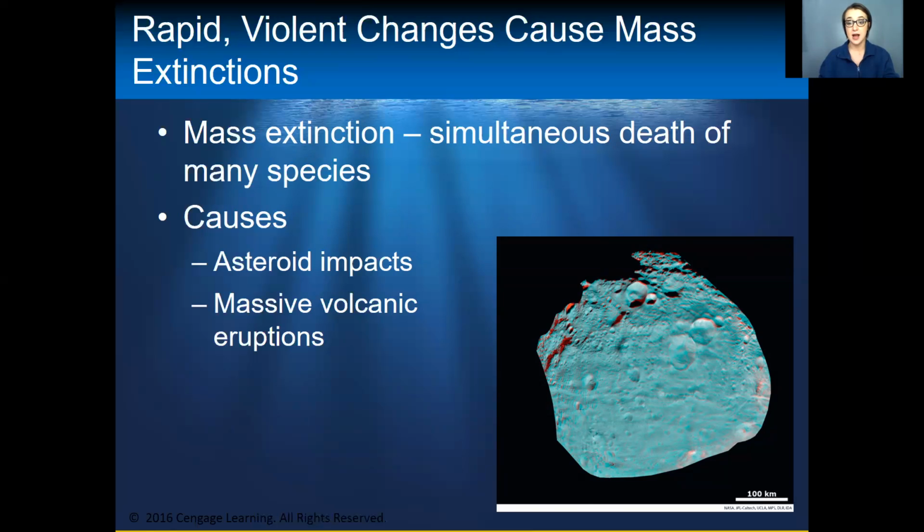a lot of the animals will die from it. For example, this is actually an asteroid that's in space. It's not heading towards us or anything crazy, but if this one were to hit us, it would go all the way from Washington, D.C. to New York City. That's a big impact, and that would cause a ton of destruction around the world, cause a lot of changes in the ocean. If we had the volcanic eruptions that we had the last time the tectonic plates split apart, whenever we lost Pangea, that killed off like 80% of the ocean.